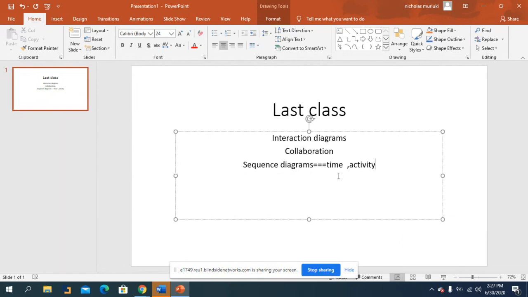Then after that, the number 2 that we are supposed to discuss is the state diagram. So from this, which is number 1, we are supposed to do number 2, and in number 2 we are supposed to look at the state diagrams. When you look at the interaction diagrams, in most cases, what you can understand about the state diagrams is how these objects are able to relate different avenues or different methods.